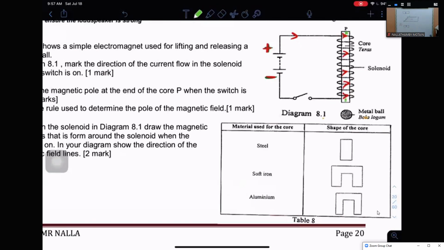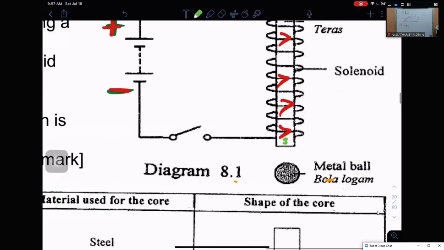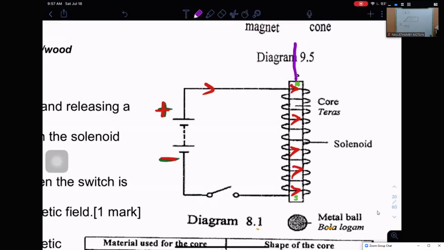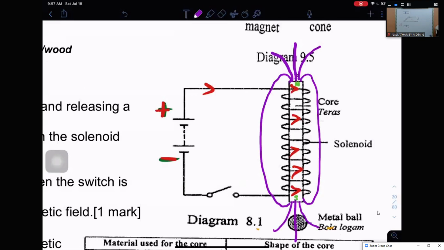So in this diagram, we are going to draw the magnetic field. Away from north and towards south.